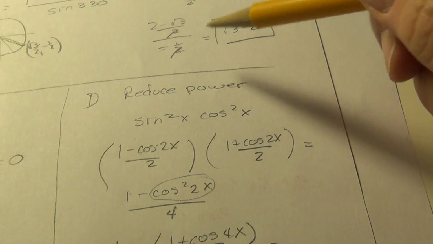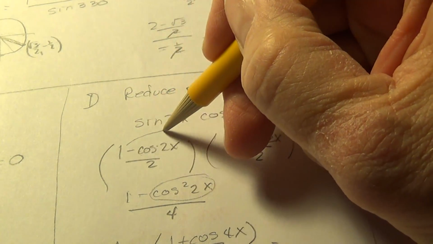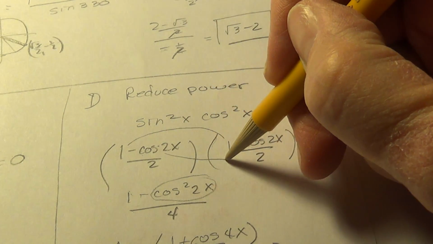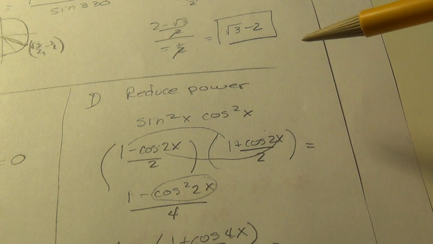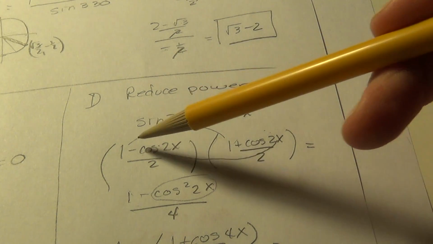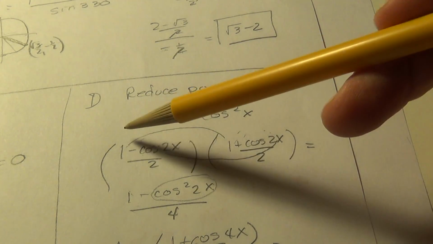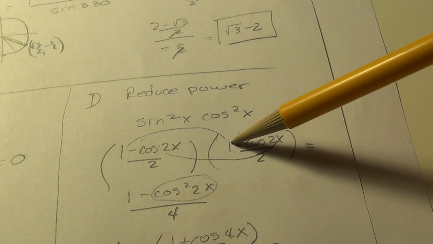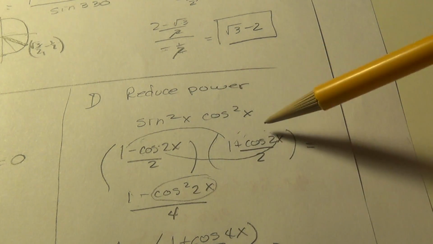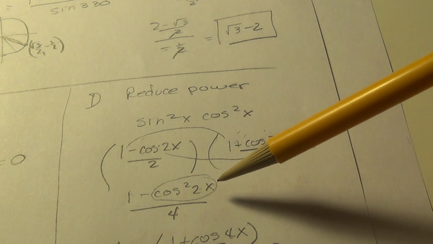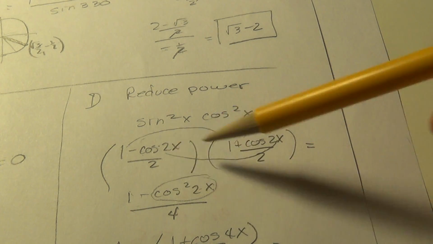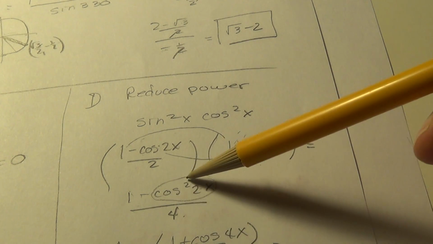So the middle terms, that's 4 multiplications, of which I'm only going to do 2 because I know the inner and outer products will cancel out. That always happens with conjugate pairs. So 1 times 1, and this times that is negative cosine squared of 2x. Bottom times bottom, we have an evil duck.